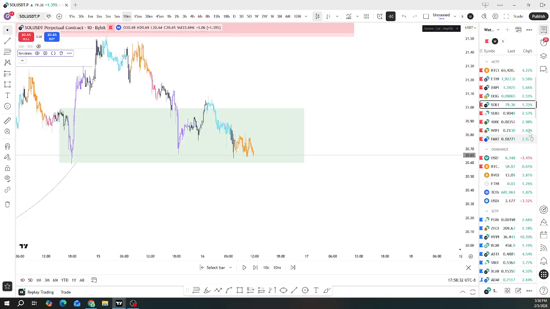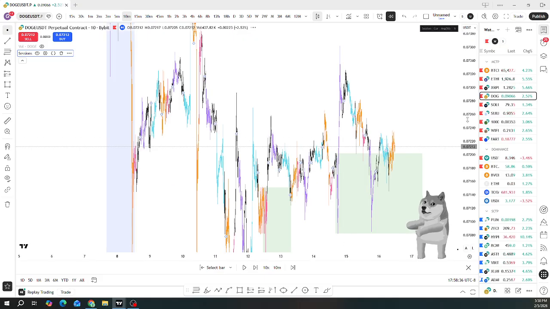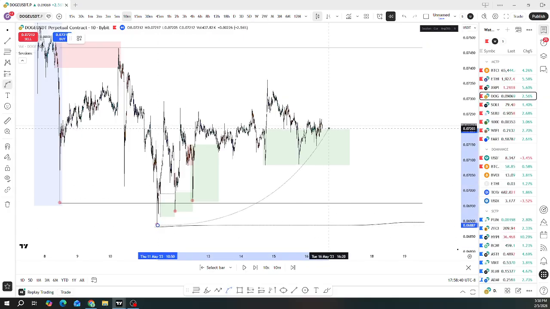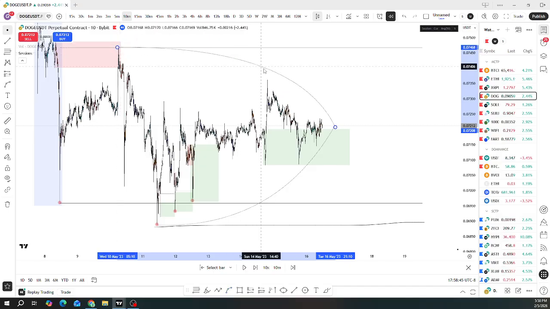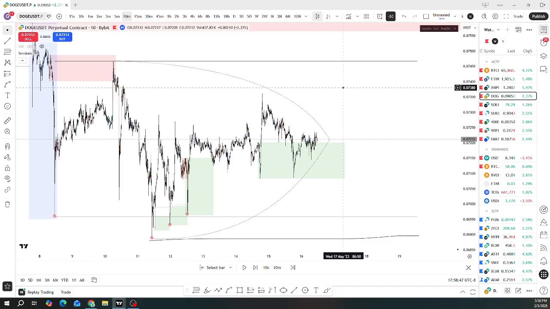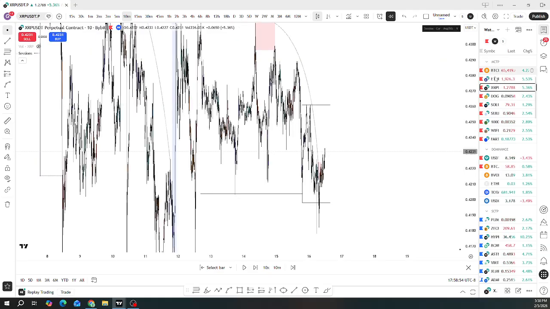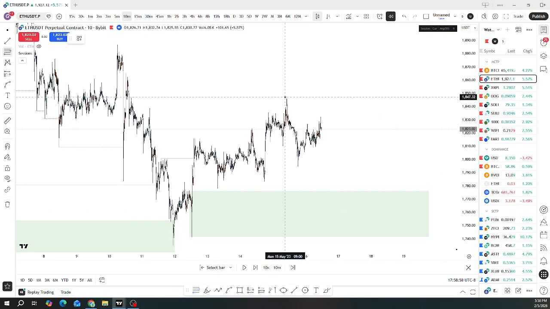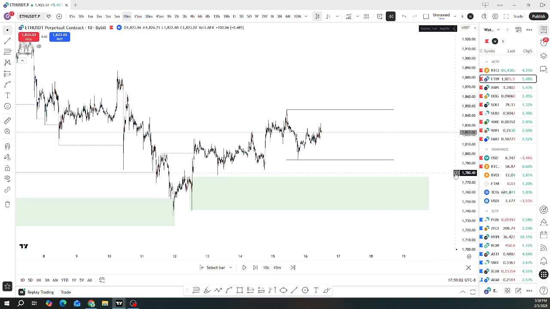All super local. Doge is simply compressing. So I'm going to be curious to see what happened there. XRP, ETH. Working its way up. Throw this range on the chart just because we can.